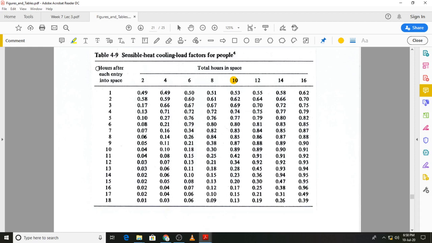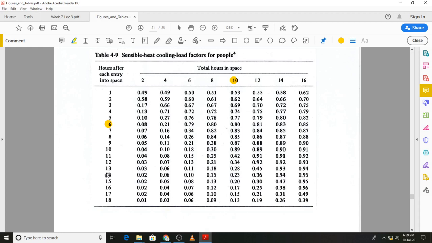So if they have entered at 8 and we are at 1400 hours, that means they have spent 6 hours in the conditioned space. So that is what we mean by hours after each entry into space. So you will use the column which has the value of 6. It would have been incorrect if I had used the value 14.